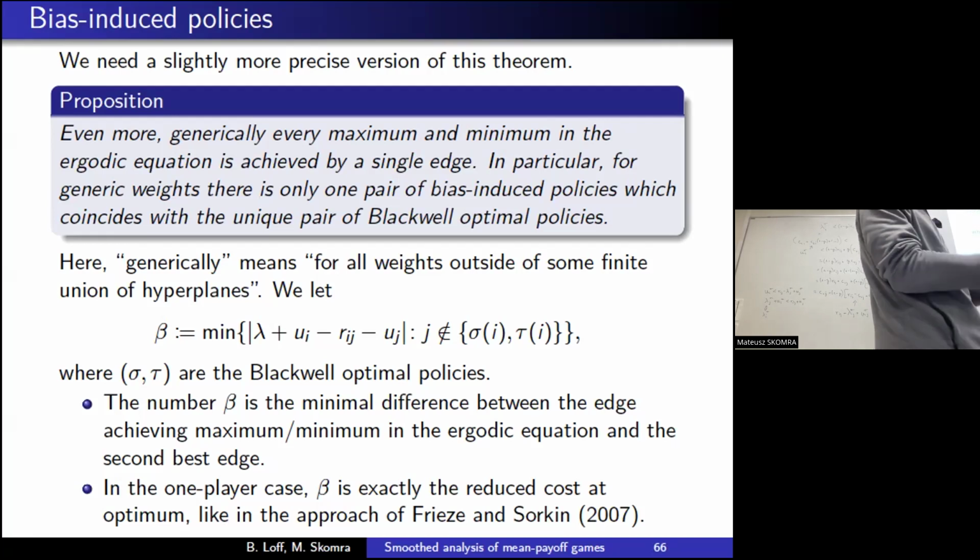Okay, so in other words, generically speaking, a game has a unique pair of Blackwell optimal policies. And this unique pair of Blackwell optimal policies is characterized by this ergodic equation. So this gives us uniqueness. So instead of finding some policies, we can say, okay, let us analyze the Blackwell optimal policies. They will be generic.